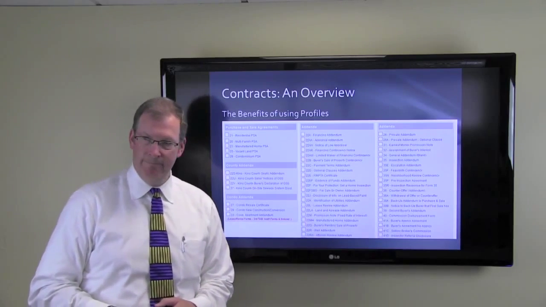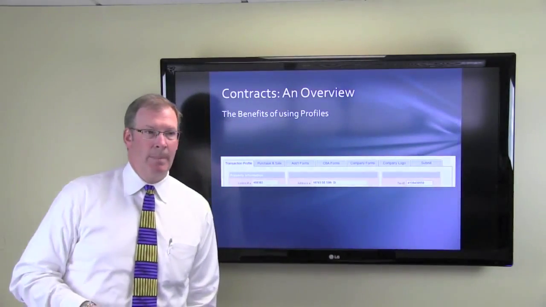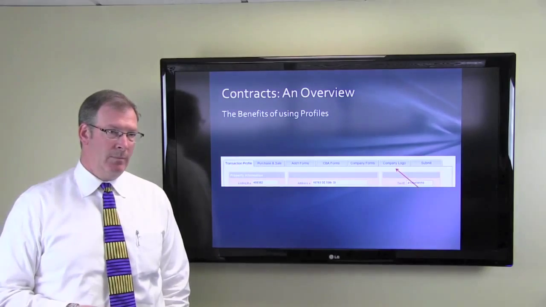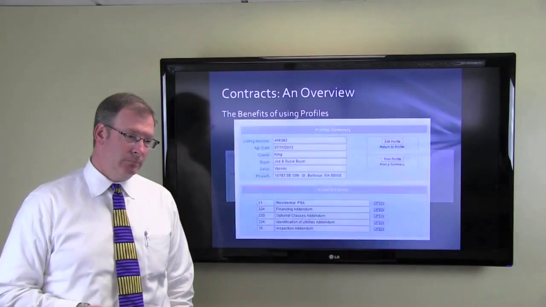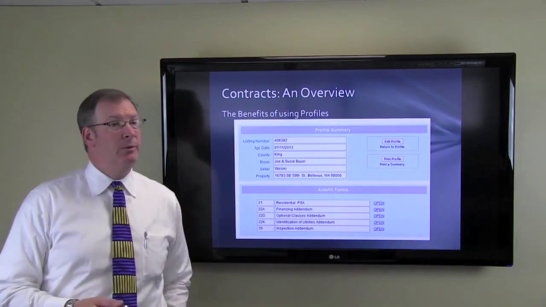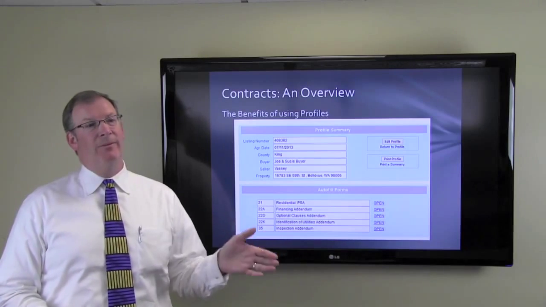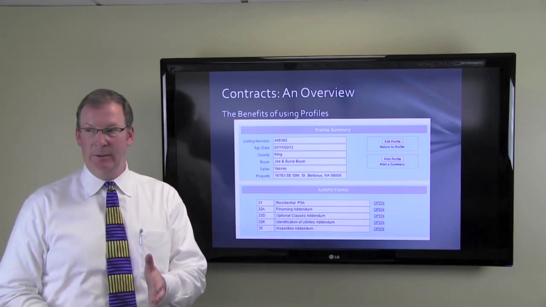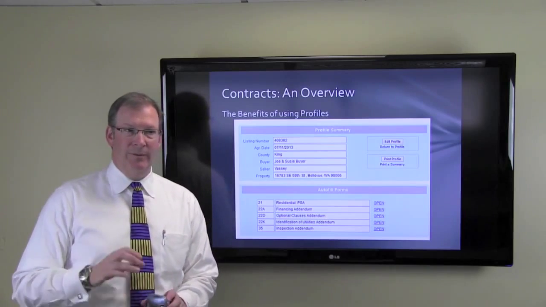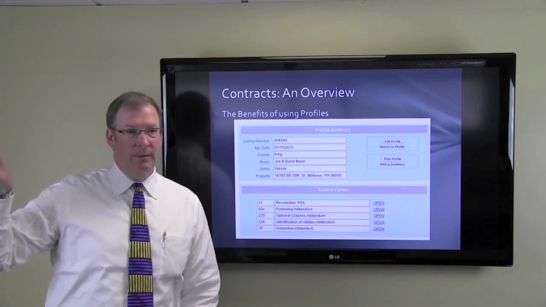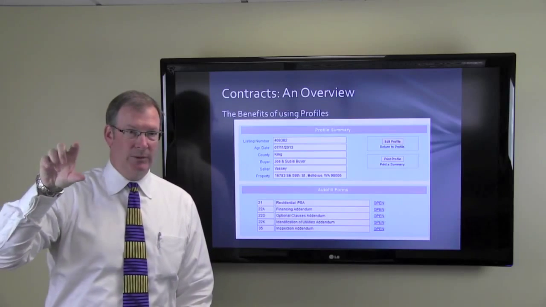Okay? Any other questions about profiles? So you're recommending we use the profiles and don't worry about a bunch of miscellaneous forms that don't apply? You're going to always want to use the appropriate forms. All the profile does is help fill those forms out for you faster. Now, please keep in mind that what's filling out faster is buyer name, seller name, property address, tax parcel.